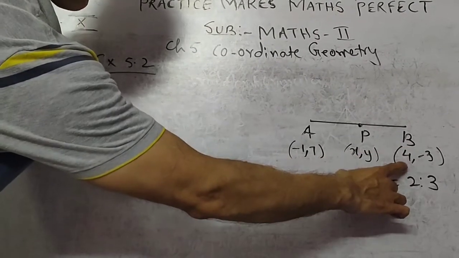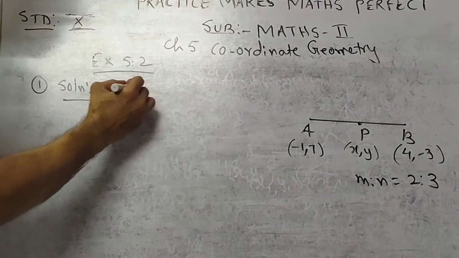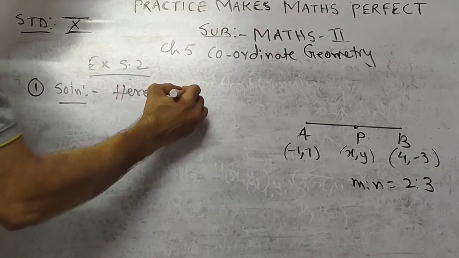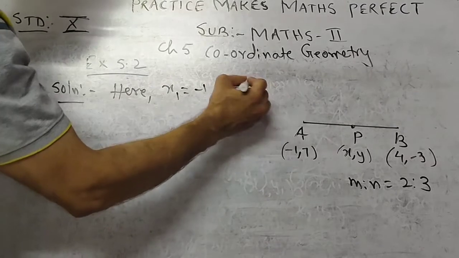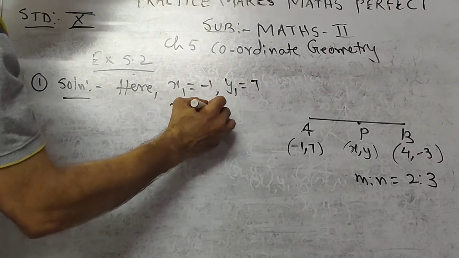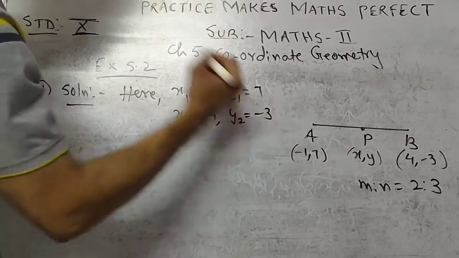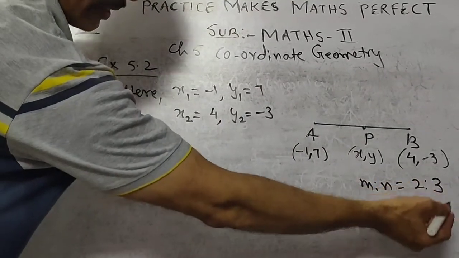B coordinate is (4, -3). So here x1 is equal to -1, y1 is equal to 7, x2 is equal to 4, y2 is equal to -3, and m ratio n is 2 is to 3.